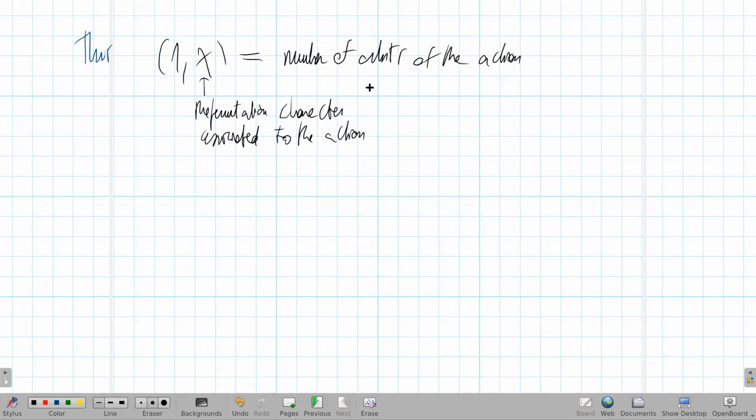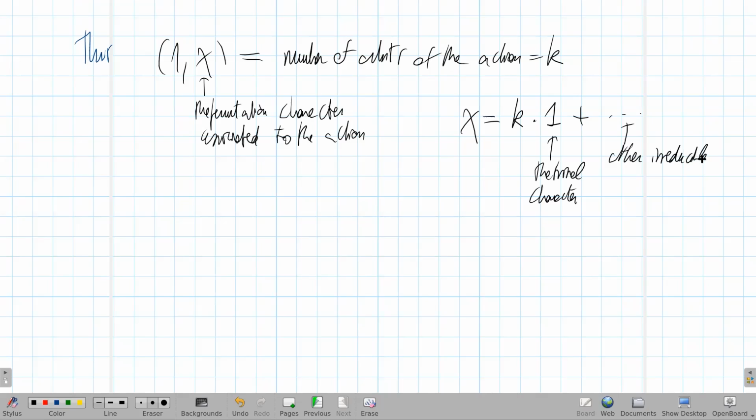Okay, but this tells us that when you write chi as a sum of irreducible characters, chi will be k times 1, the trivial character, the character which takes value 1 on every element, plus other irreducible characters distinct from 1.